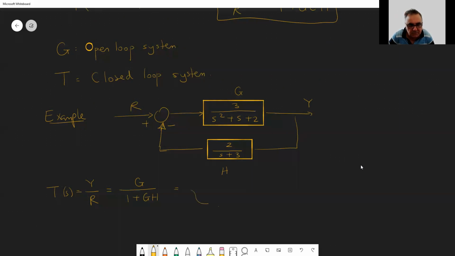Let me write it here. Then we will have 3 over S squared plus S plus 2, over 1 plus 3 over S squared plus S plus 2 times 2 over s plus 3.